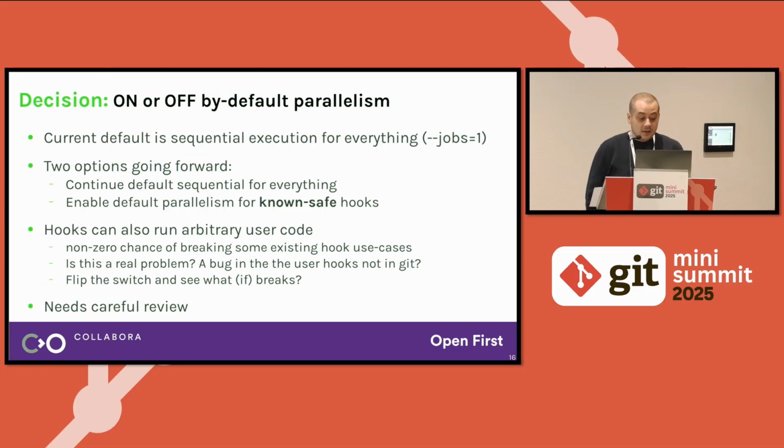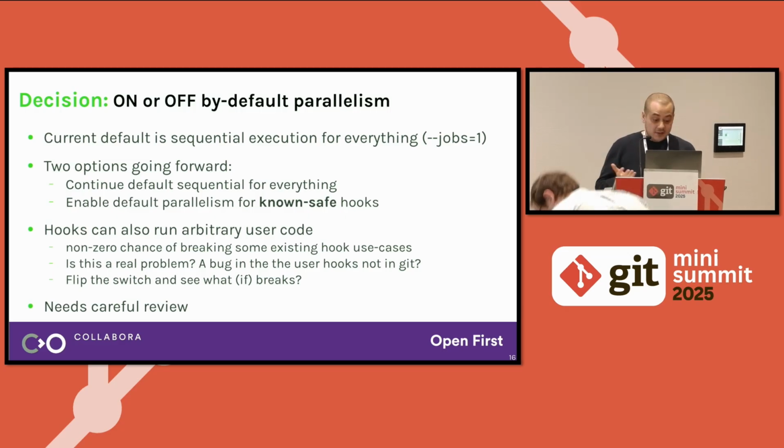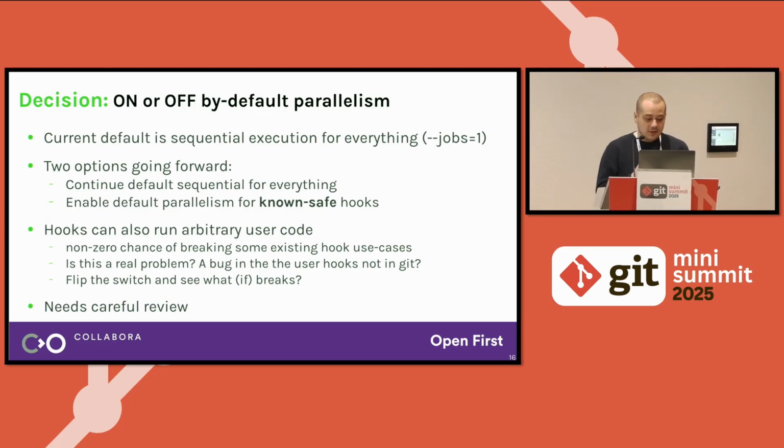Okay. And another important decision we need to make here is, how do we do parallelism? Do we have it on by default, off by default? As I mentioned, the current default is serial execution, so with jobs equals 1, and we could continue doing that. We could enable parallelism for good, known safe hooks, right?